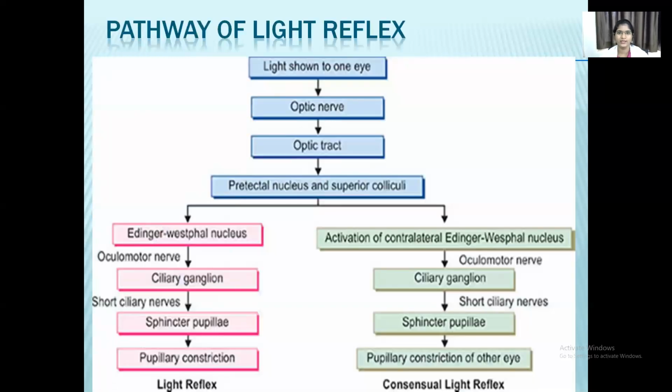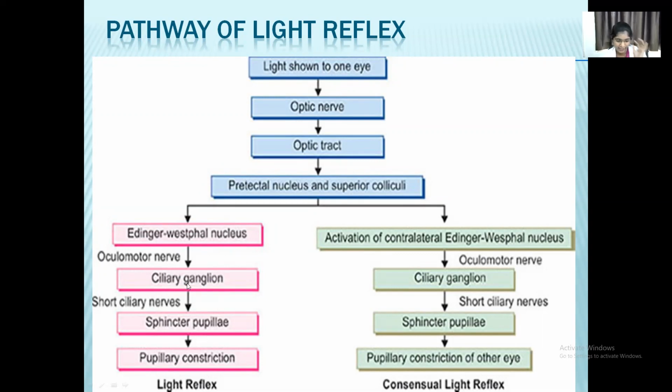Okay, so this is the pathway of the light reflex. When we shine light on the eye, it stimulates the optic nerve and optic tract, and it stimulates the pretectal nucleus and superior colliculi. What will happen? It stimulates the Edinger-Westphal nucleus and oculomotor nerve.